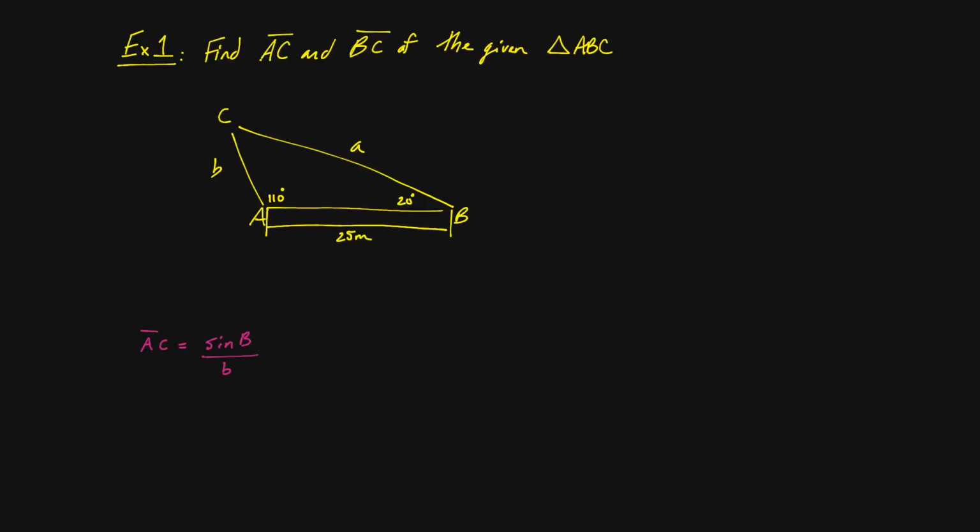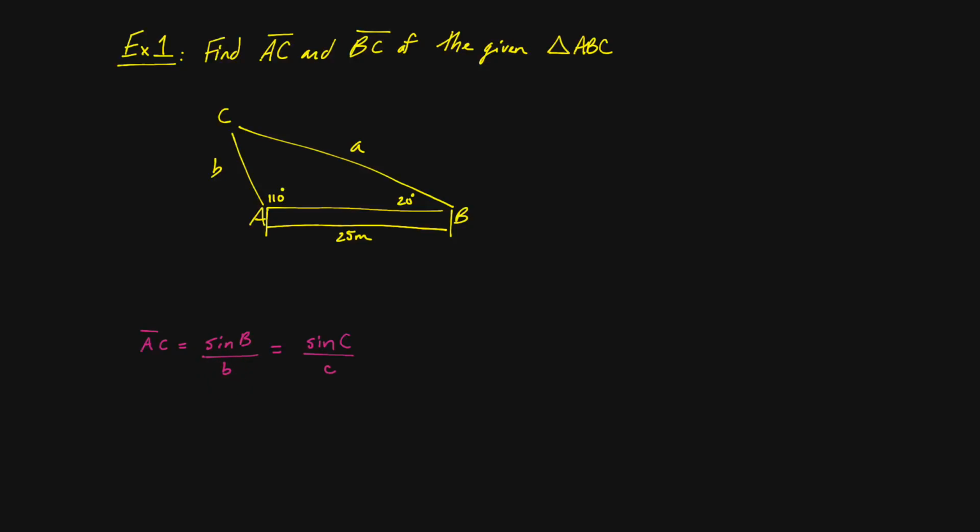Now let's use a given here, and one of the givens is this 25 meters. So we're going to say that this is equal to sine of C over side C. You already note that here we have possibly two unknowns.